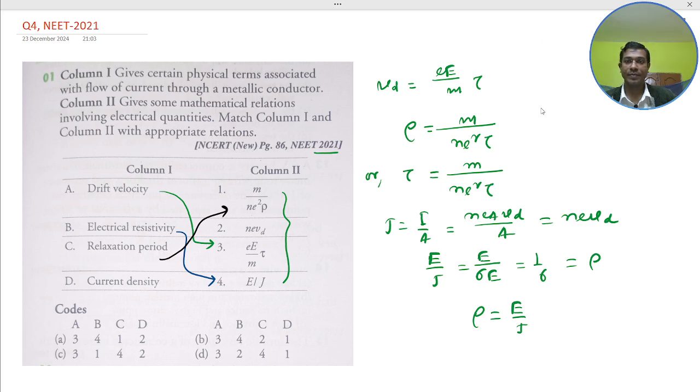Fourth one is the current density, n e Vd. So our final outcome would become A3, B4, C1, D2. This is a matching type question coming in NEET, so be serious about all of the questions.